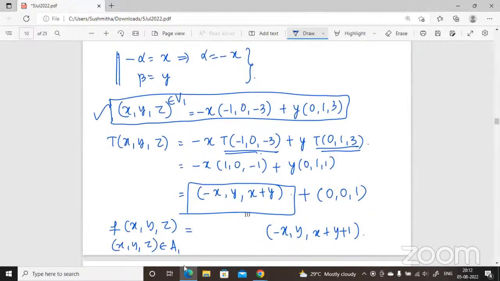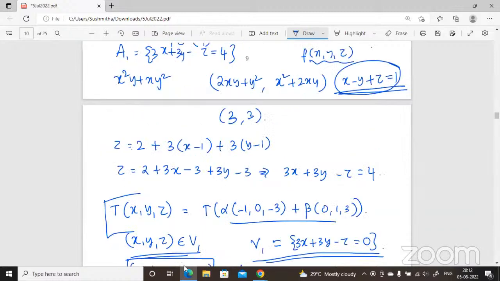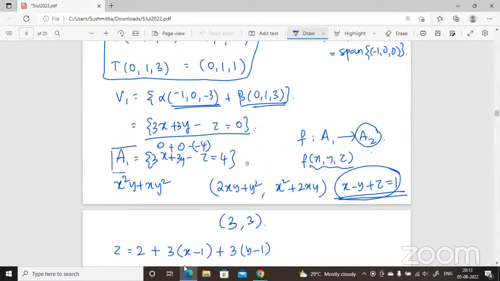So is this problem clear? Yes. Ma'am, could you show A1, please? Yeah. A1 is this. A1 is the tangent plane corresponding to this function at the point 1, 1. So we quickly calculated the tangent plane here.